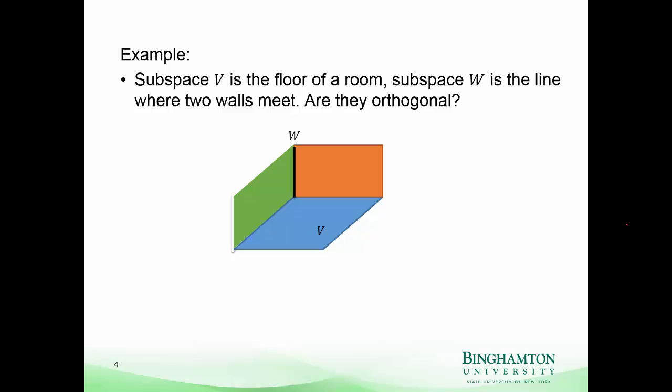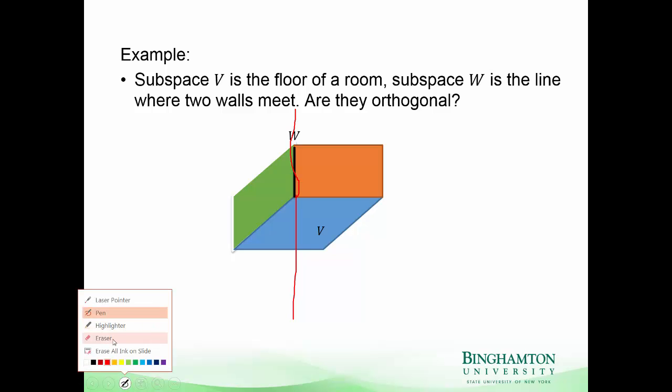But here's another example. Suppose V is the floor of the room. Again, you have to remember these things go on forever. And we're not interested in the green and orange walls. What we're interested in is the line where they intersect. And remember, that will continue on down underneath V. So let me clear this out.